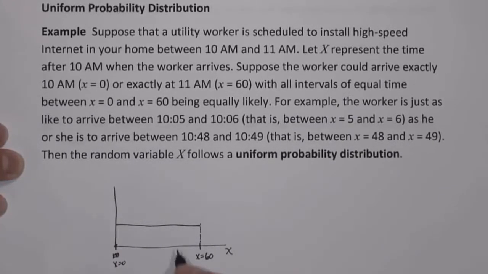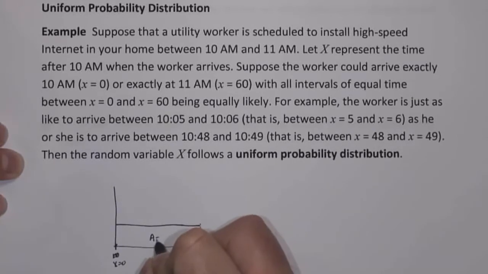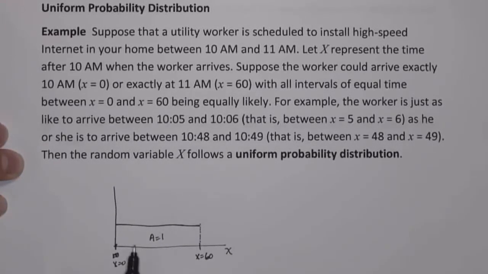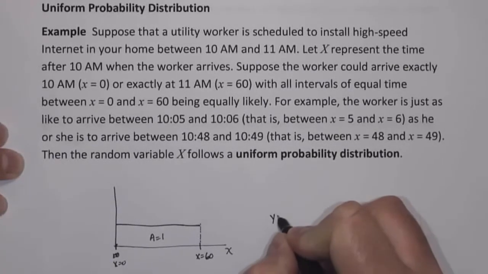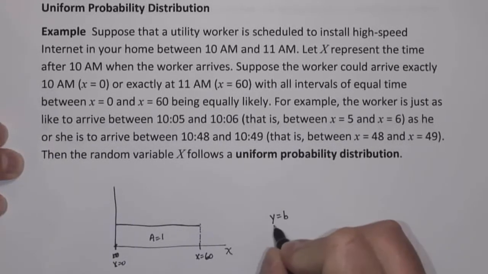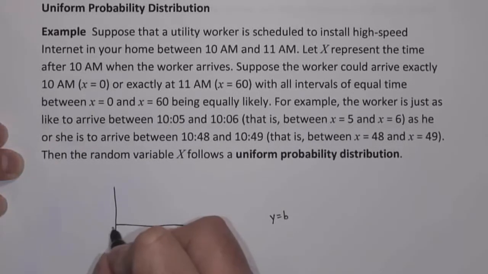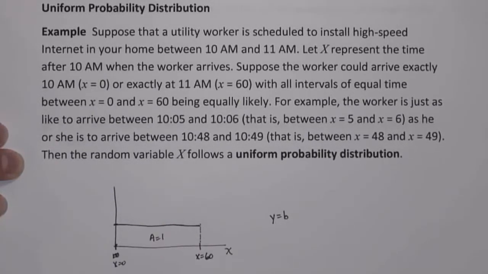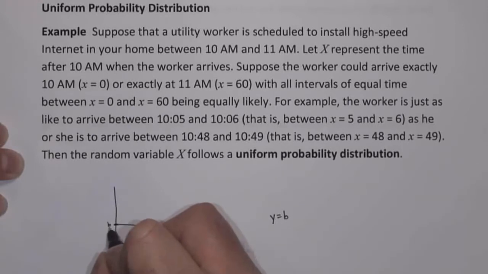Because the total area beneath this line has to equal 1, we can figure out what the equation of that line has to be. First of all, it's a horizontal line, and horizontal lines always have an equation of the form y equals b, where b is the y-intercept. So this would be the value of b.